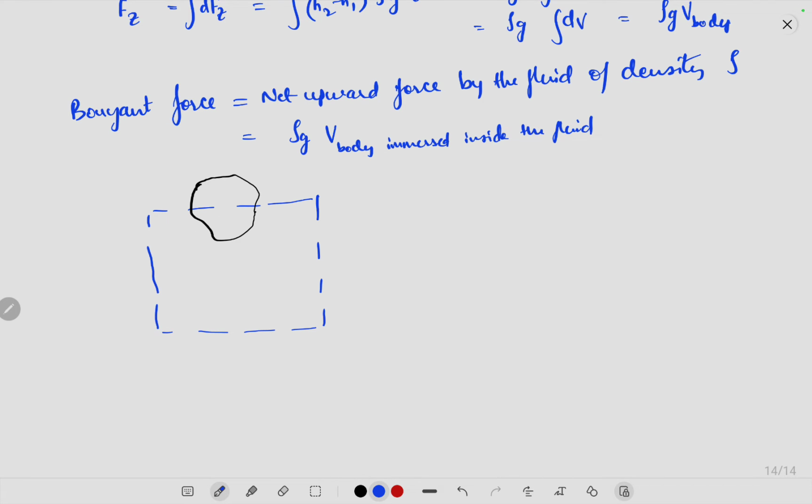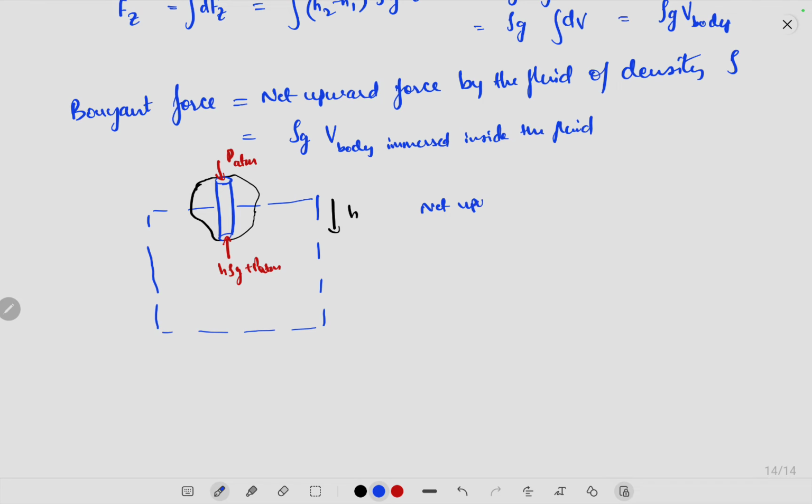Okay, so now again consider this volume element, let's say like this. Now what will be the pressure acting on this? So let's say this depth is h, the pressure acting on this volume element will be h rho g in the upward direction, plus p atmosphere, and here only p atmosphere would be acting. Okay, so what would be the net upward force?